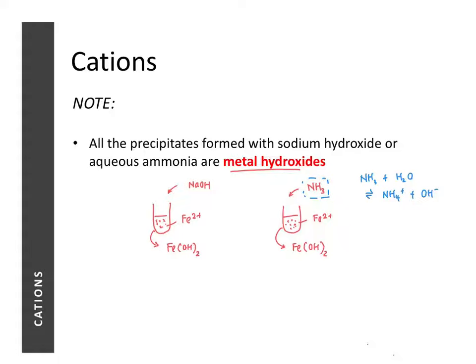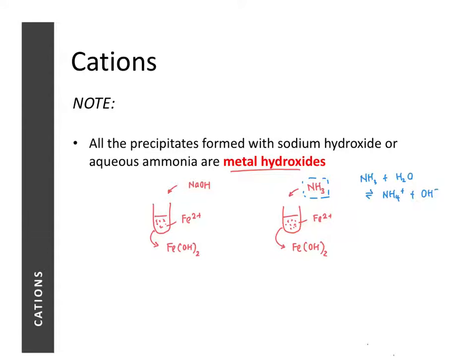So in summary, all the precipitates that are formed in the test for cations are metal hydroxides. Now, why am I stressing that? Because a common mistake that students make is that we will often ask you for the identity of the precipitate, for example, when adding aqueous ammonia to iron 2 ions, and students will always come up with wrong answers like iron ammonium or iron 2 ammonicate.